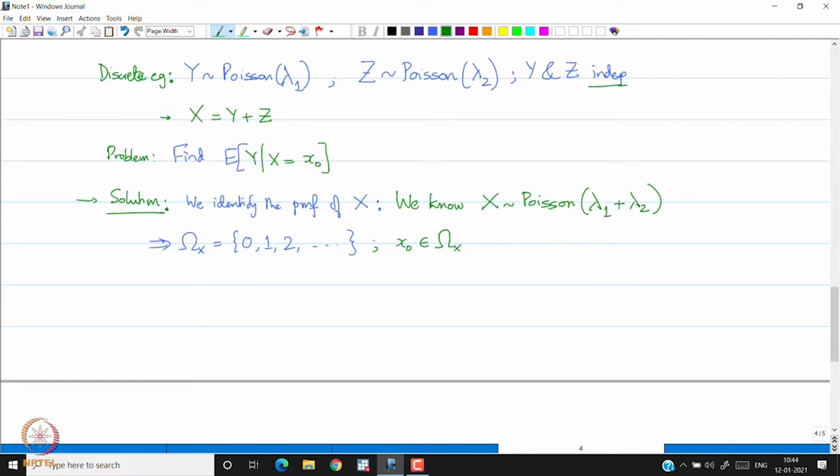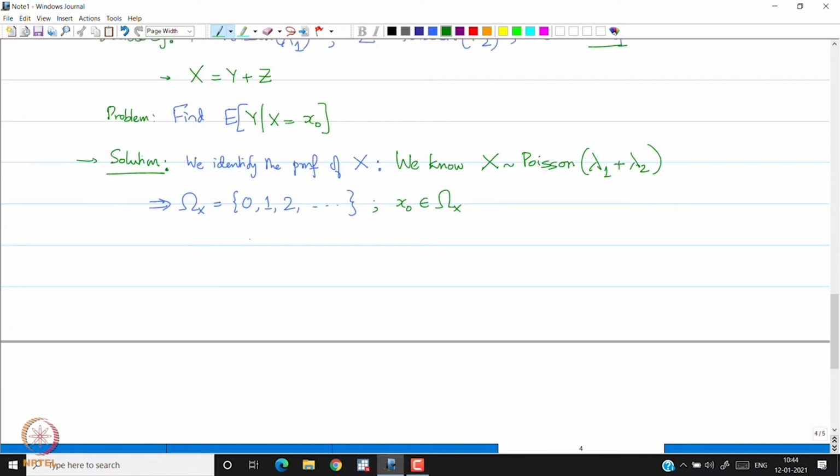The conditioning value x naught must always be one of the allowed values of X, especially in the discrete case. So we are given that the sum of these two Poisson random variables Y and Z takes the value x naught, and the question is to find the conditional expected value of Y given that.